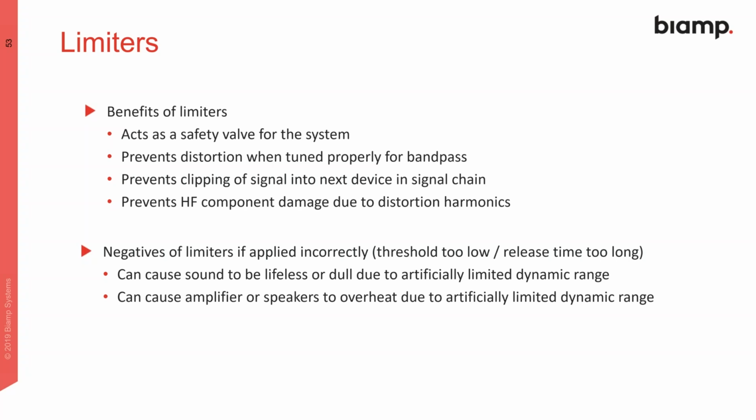It can also cause an amplifier or speaker to overheat due to limiting that dynamic range. So you're taking program material with 15 dB of crest factor, and you're just squashing it, and you take your crest factor down to nothing. Well, now you've basically got just a sine wave. So that can cause things to get overheated.